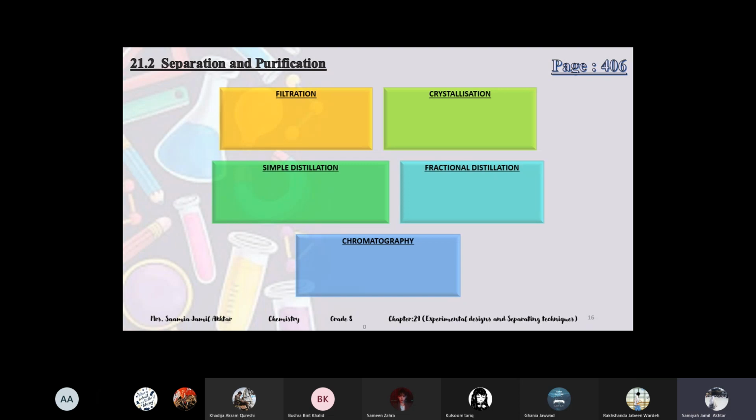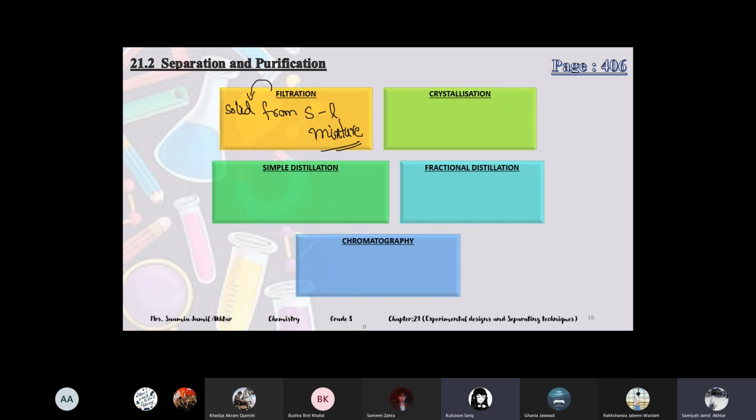So I'm writing here, filtration is used if you want a solid from a solid-liquid mixture. Mixture means that the solid is insoluble in the solvent. For example, mud in water, sand in water, or any insoluble salt in water.